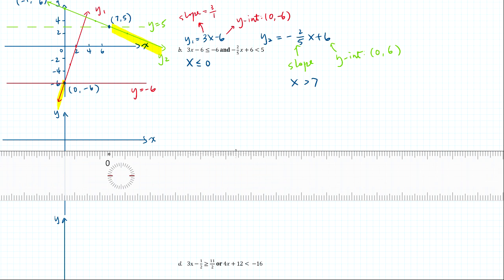So x is greater than 7, meaning I'm looking for the part where the two would actually intersect with each other because I have inequalities connected by and. With this information, again, you can see the two highlighted parts don't overlap with each other at all. We can say that there is no solution over here.